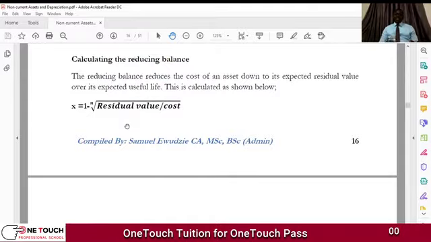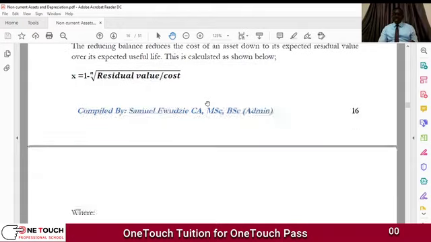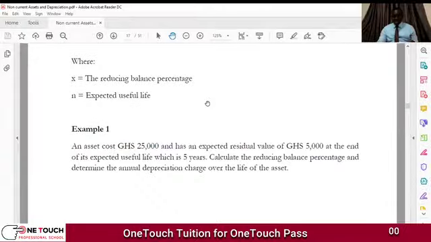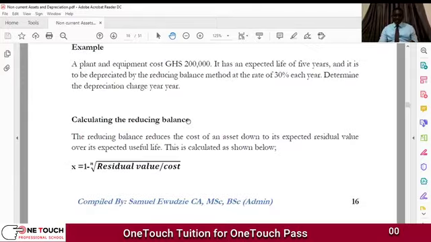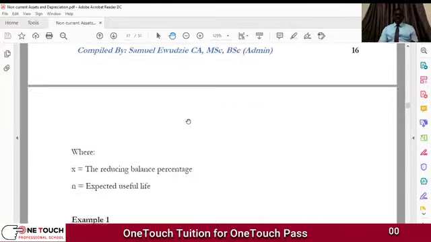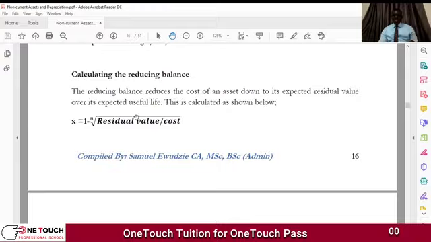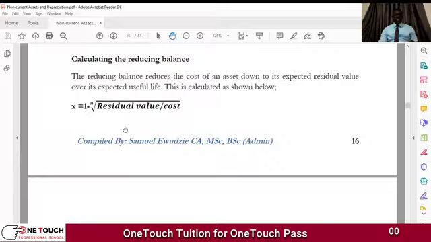Okay, good. But rarely in exams will an examiner ask you to determine the reducing balance rate or percentage. But just for our own understanding, in case we are given a question that has some twist to it and we have to determine the rate, this is what we do. The formula is 1 minus the nth root of the residual value over cost.